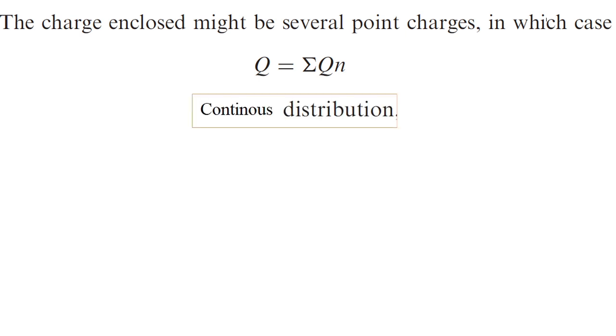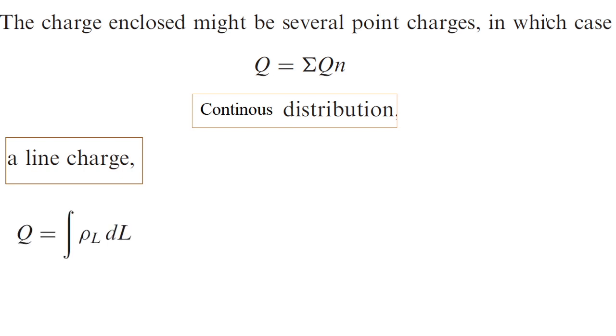In continuous distribution, we have three continuous distributions: line, surface and volume. In case of line, we have Q is equal to the line integral of rho l dl. What is rho l? Line charge density.